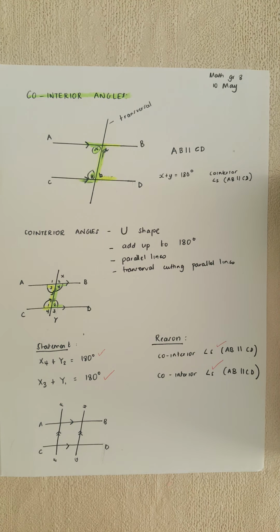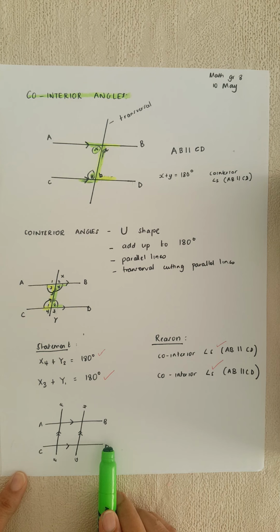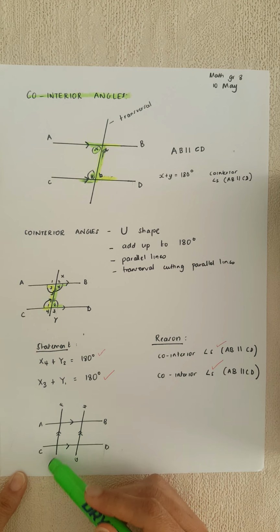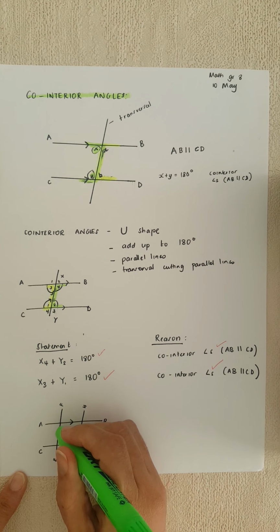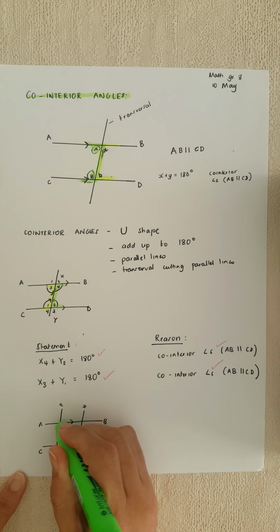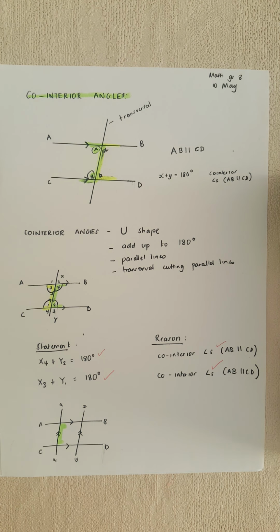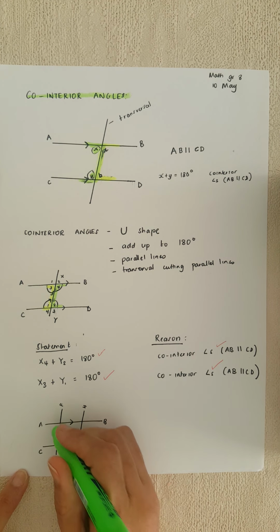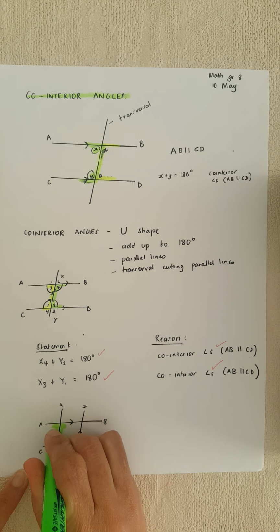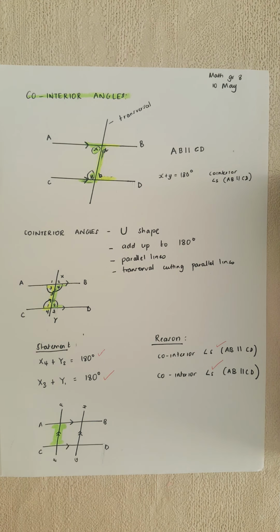So if you're looking at something like this here, here's AB is parallel to CD, right? This line is a transversal there. Can you see? It's cutting AB and CD. So what's going to be my co-interior angles? Here. Can you see my U there? I'm going to get co-interior angles there. And I'm going to get co-interior angles on the other side.